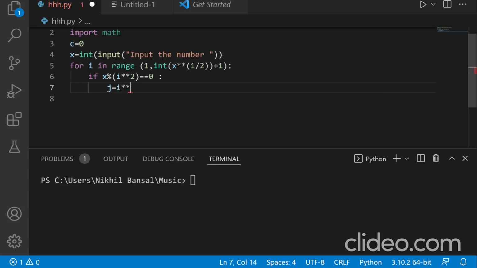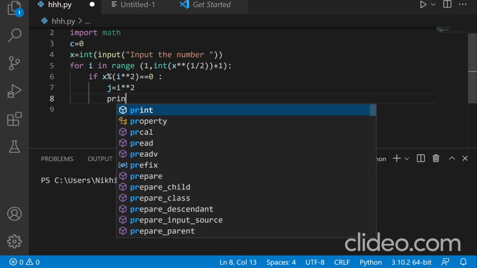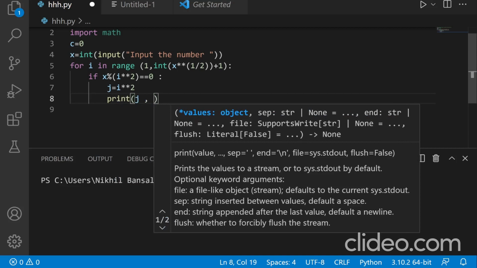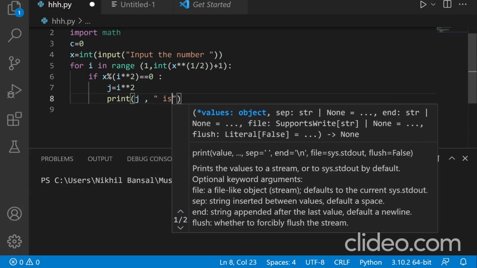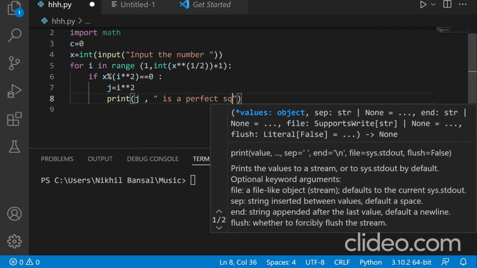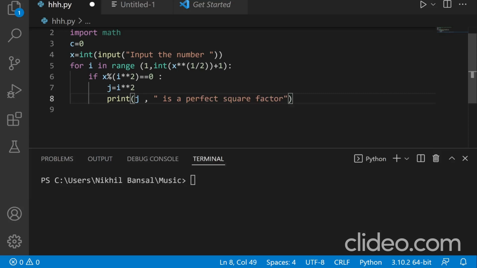So I will take the value of i square in j and print j is a perfect square factor, correct? And I am done almost. The only thing left is to increase the counter since I found one of the factors which is a perfect square. I will copy this.